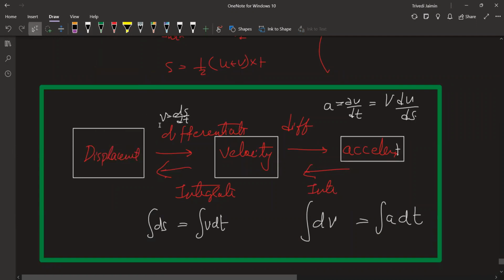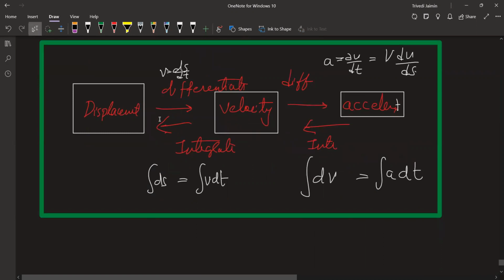Okay, remember this box, it's more than enough. I think we got all the formulas in this one, right? Displacement, velocity, v ds, v dt, velocity to acceleration. Yeah, I think it's all the formulas here.